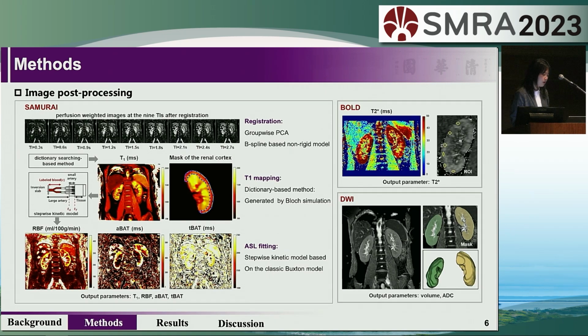For SAMURAI images, we calculated renal blood flow, RBF, arterial bolus arrival time, A-BAT, and tissue bolus arrival time, T-BAT, of the renal cortex. For DWI images, the renal volume and mean ADC values were calculated, and for BOLD, the mean T2 star value of the renal cortex was recorded.